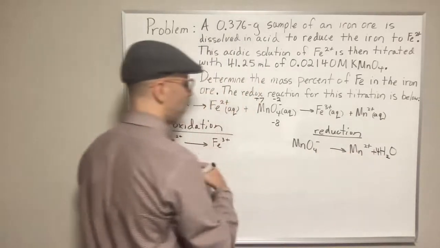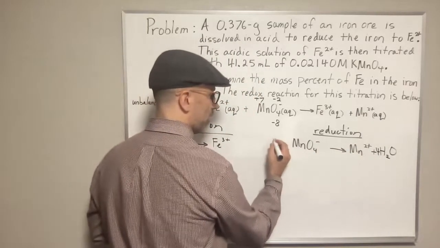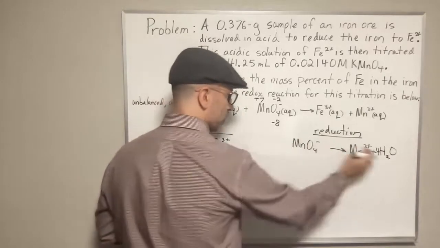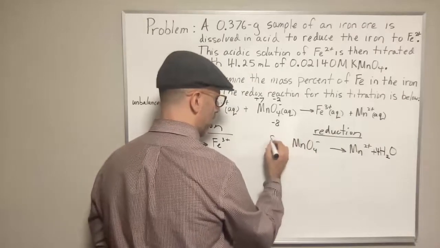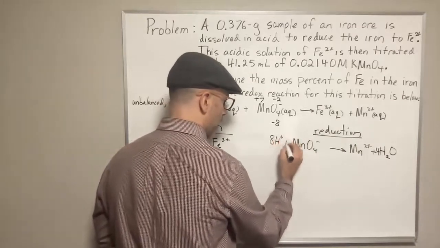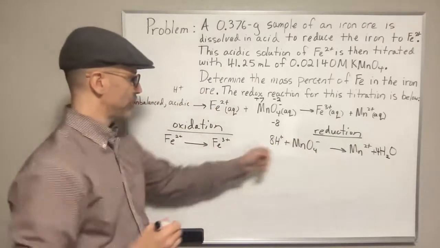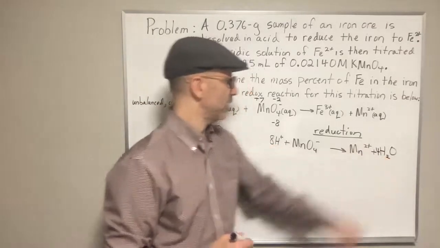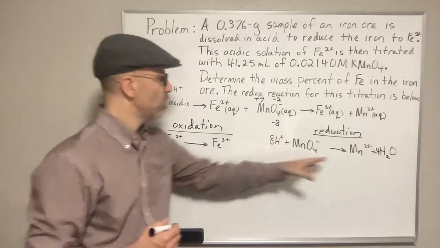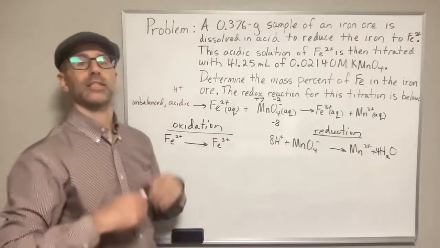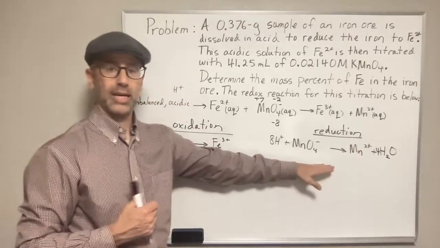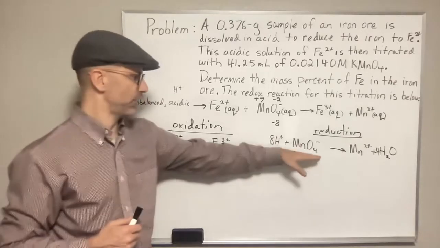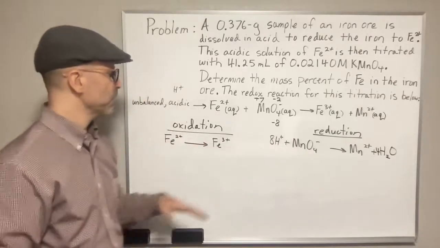Since I have 8 hydrogens over here, I'm going to need 8 H plus ions over there. So now this is balanced regarding the number of atoms. We balanced the mass, so conservation of mass is being held.